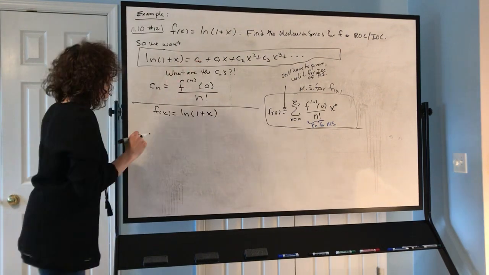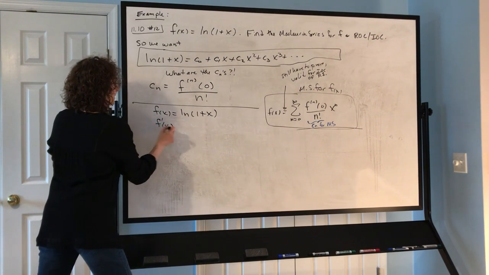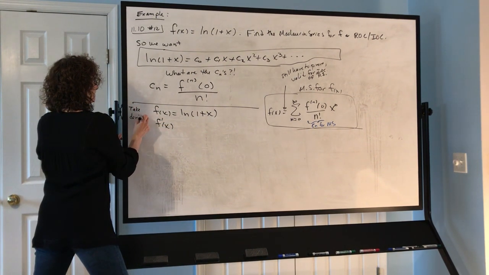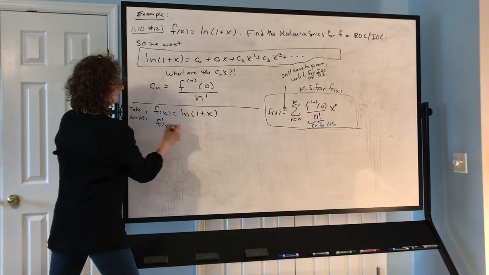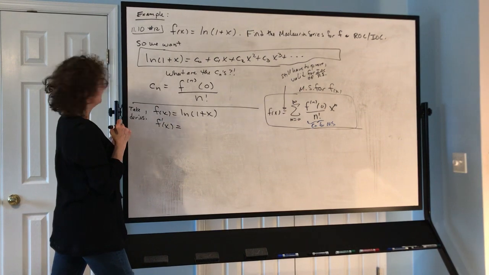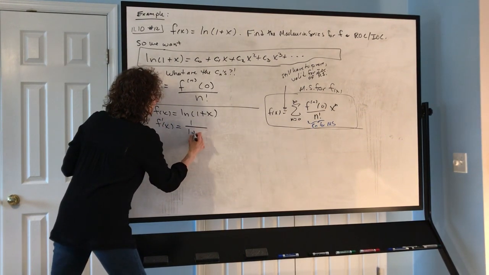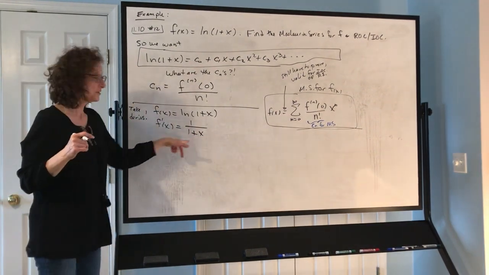Calc 1, yay. So take some derivatives. What is f prime of x, if f of x is natural log of 1 plus x? Good, it's 1 over 1 plus x times the derivative of the stuff, which is just 1. So it's just 1 over 1 plus x.